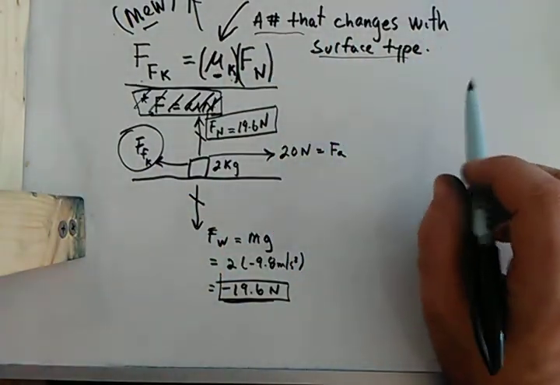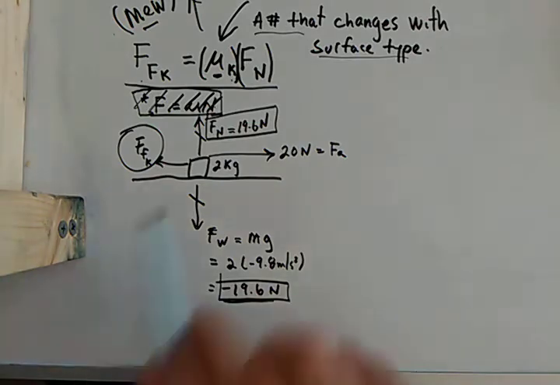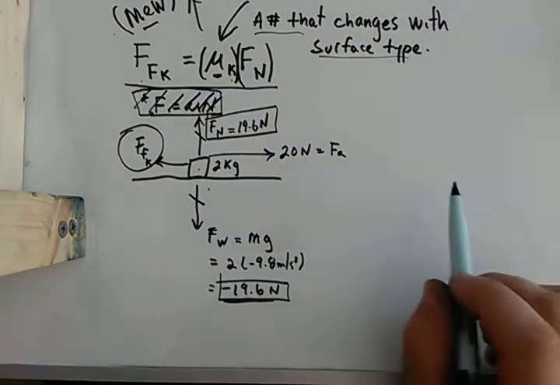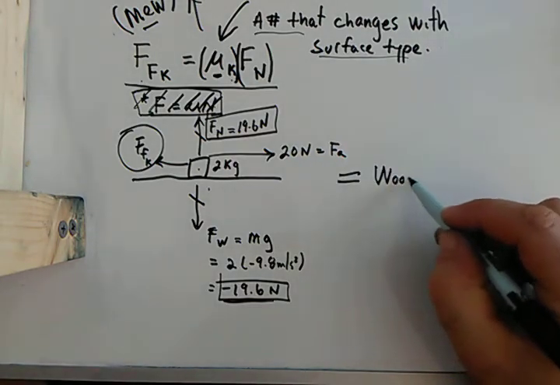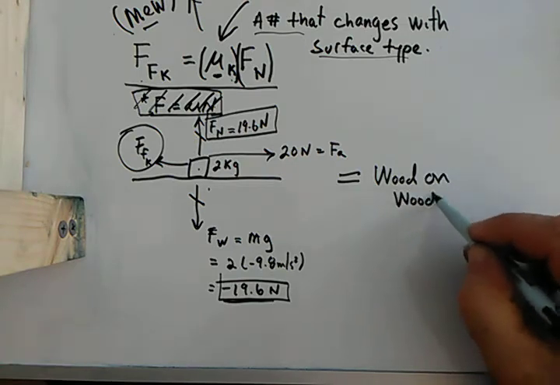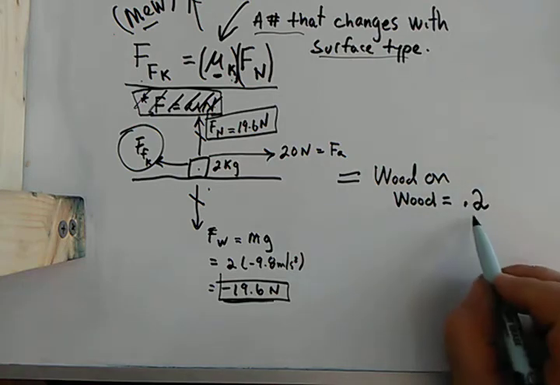So if I go onto my chart and I find out that this block is a piece of wood and this block is a piece of wood, then wood on wood is equivalent to 0.2.